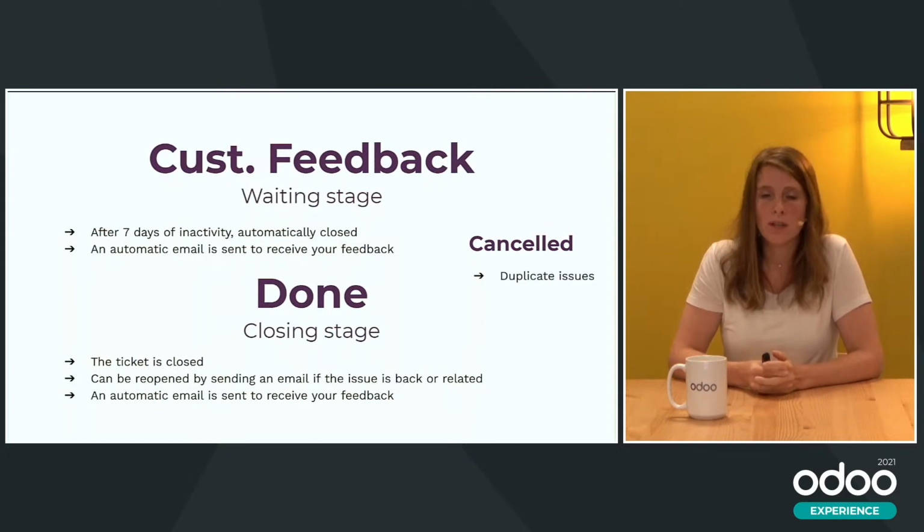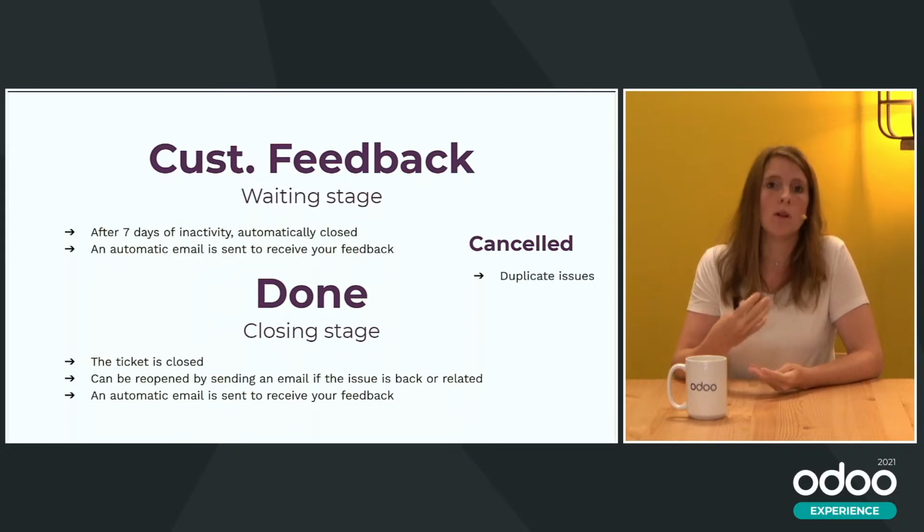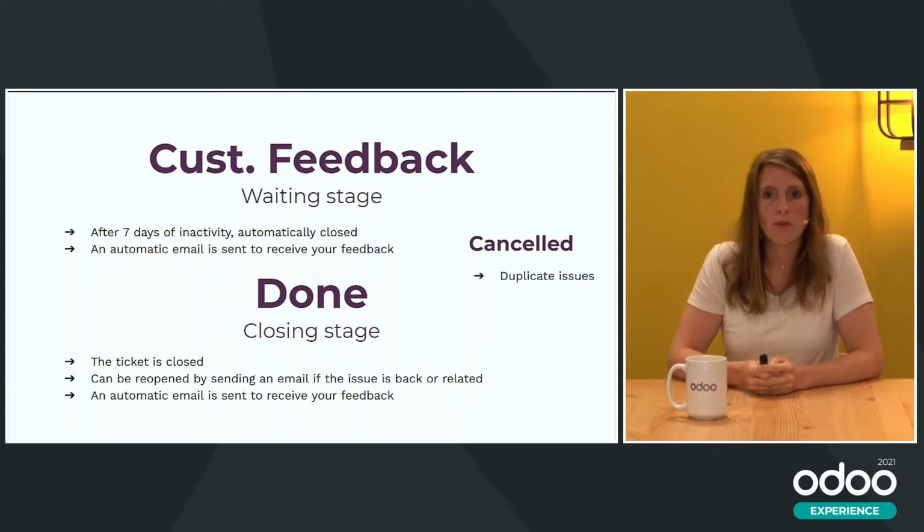And if we receive nothing, the ticket will automatically be closed after 7 days. After those 7 days, an automatic email will be sent as well to receive your feedback, because it's really important for us to receive feedback from customers. This is a way to improve our customer service.